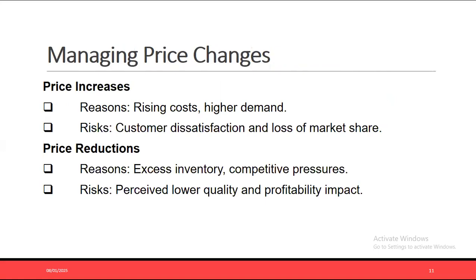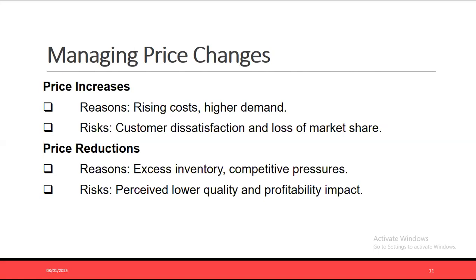So how do we manage price changes? Whether a price increases or reduces, it can affect the company both positively and negatively. If a price increases, it could be because the cost of production has increased or the demand for that product has gone up.